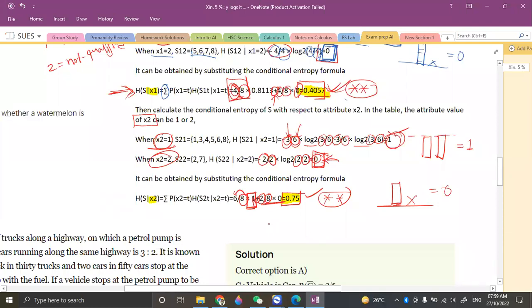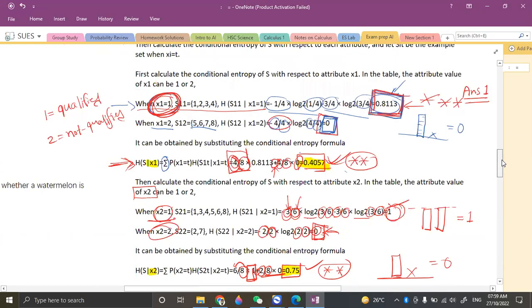For the root node, we have to find the information gain, okay? Information gain will be entropy minus conditional entropy. So where is our entropy?